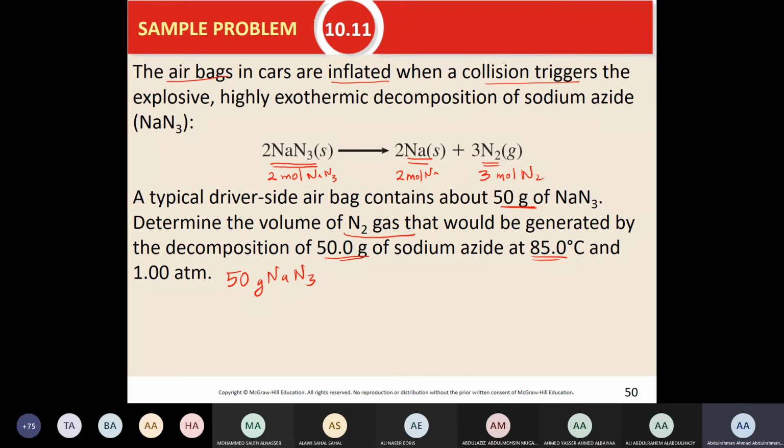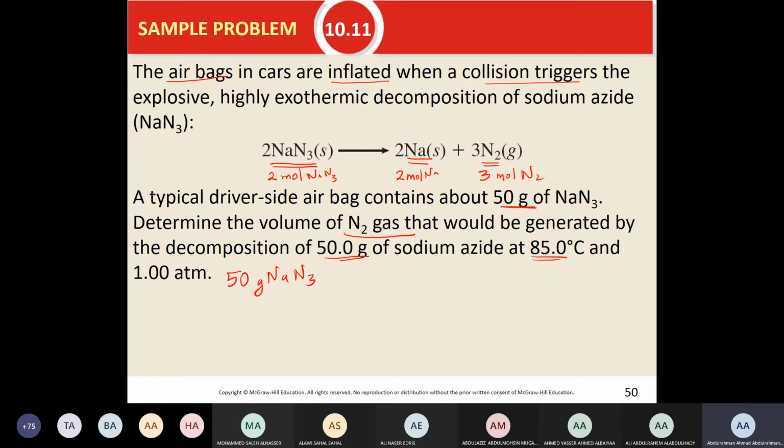Can I use a liter instead of mole? No, because there is solid. Exactly. So if I have 50 grams of NaN3, how many moles of N2 will be produced?